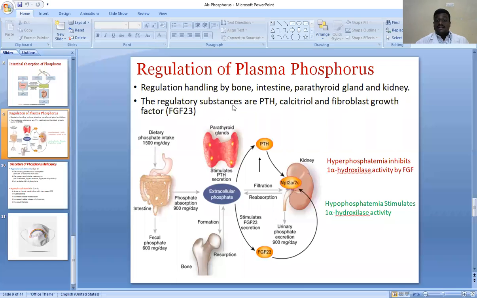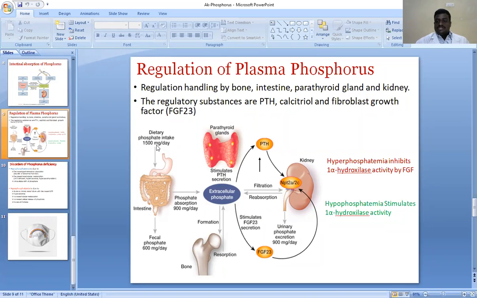The regulatory substances are parathyroid hormone released from the parathyroid gland, calcitriol released from the kidney, and fibroblast growth factor released from the bone. So how does the regulation take place?